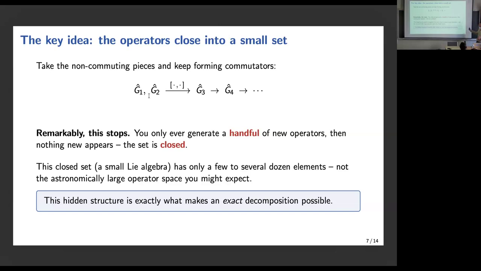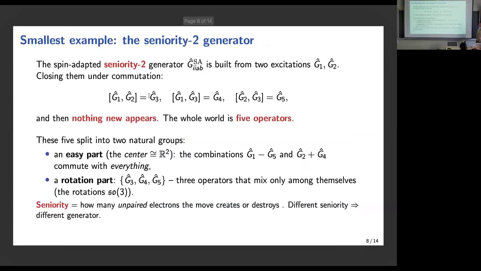You get a lot of operators, and then at some point, you're going to get no new operators. So maybe the commutator of G3 and G4 is going to be G5, and then after that, you find nothing new. So everything is within the set. And this, in mathematical terms, is called a closed Lie algebra. And this is the structure that we're going to be exploiting to do the decomposition.